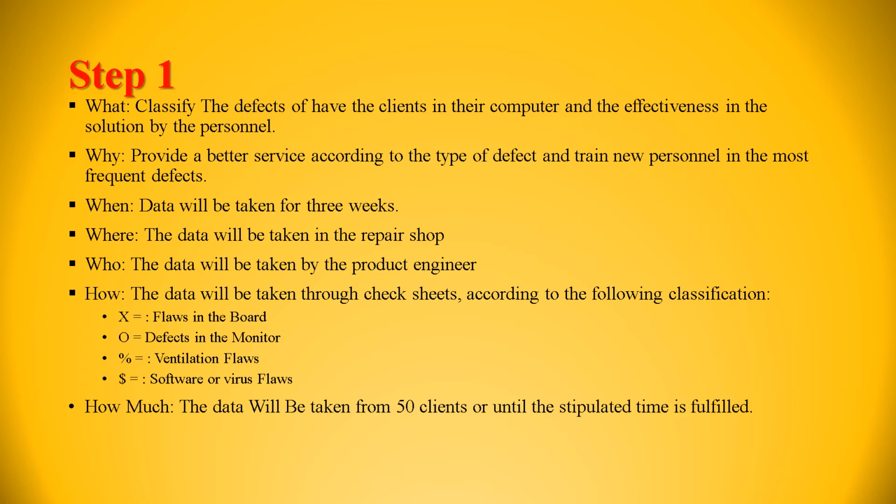Which is how much. Here they have decided to collect information from 50 clients, so during the specific period, the number of units that they can reach within that specific period. In other words, within 3 weeks, that is the period they have decided to collect data.